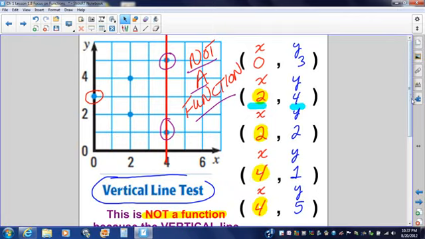Now, do not get confused, because some of you will try doing this. You will try and say, it only goes through 1 ordered pair, only goes through 1, goes through 1. This is a horizontal line. If you're going to use this trick, you need to use a vertical line, up and down.